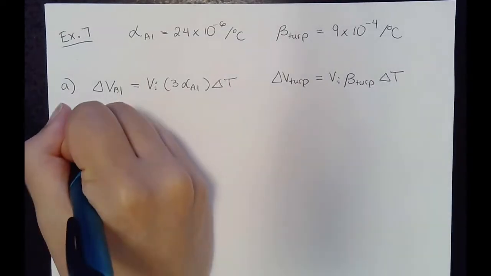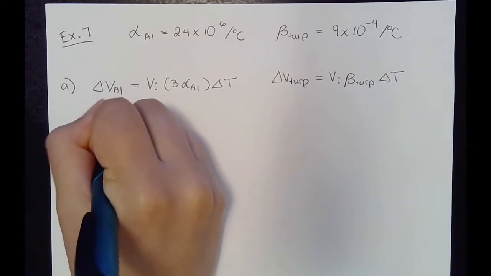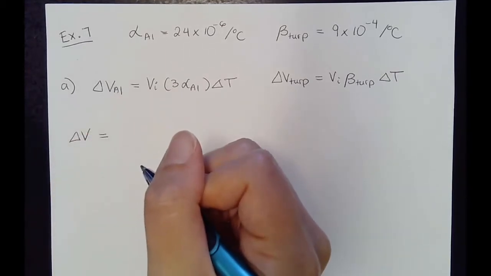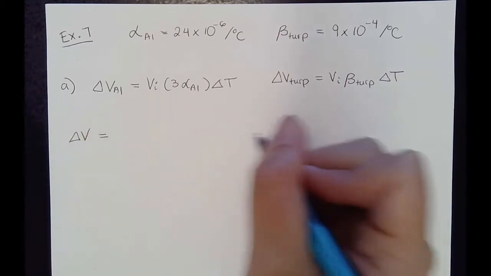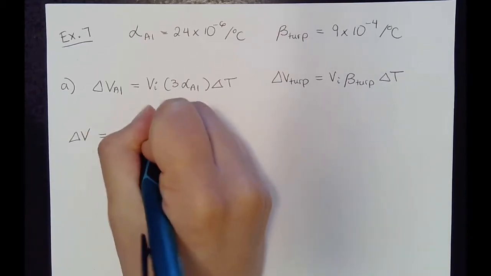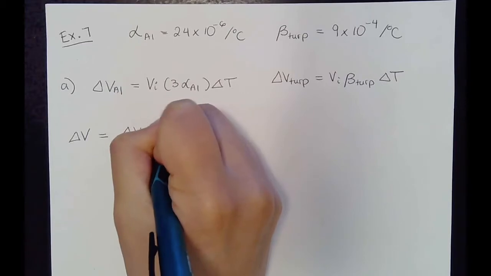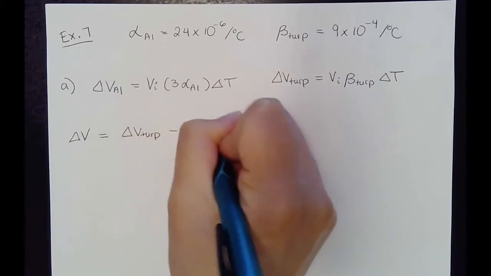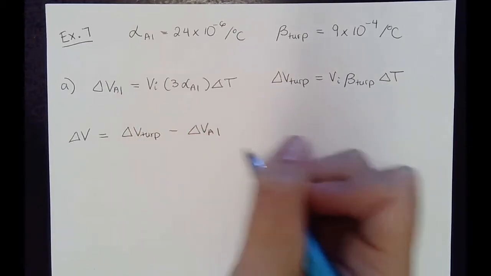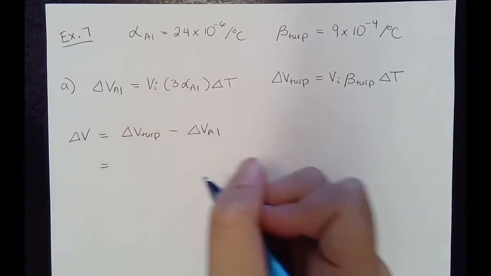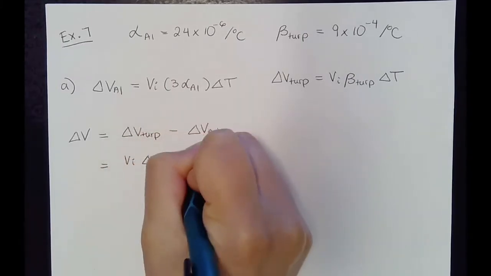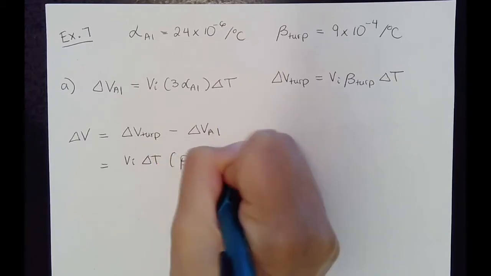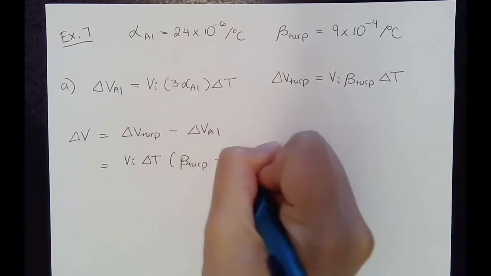So then, to figure out the total change in the turpentine, or how much will overflow, we'll have delta V for the turpentine minus delta V for the aluminum cylinder. So this is going to be Vi delta T times beta turpentine minus beta for the aluminum.